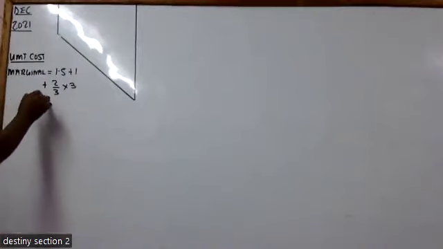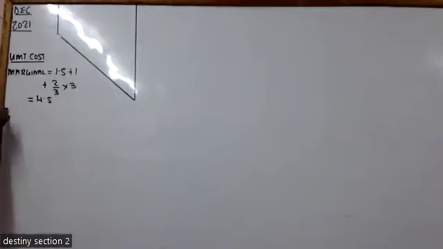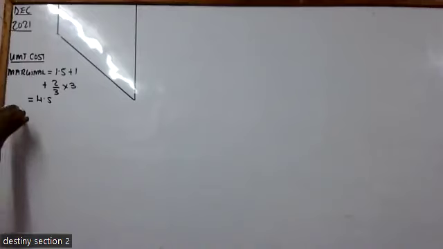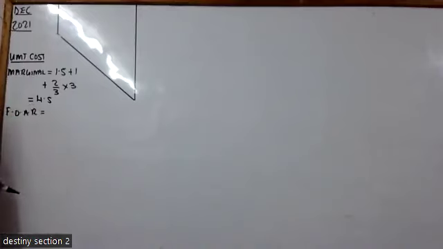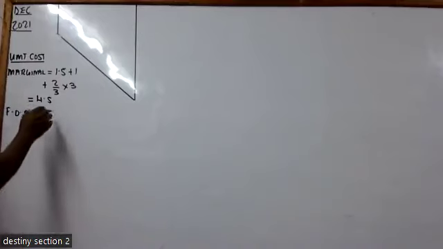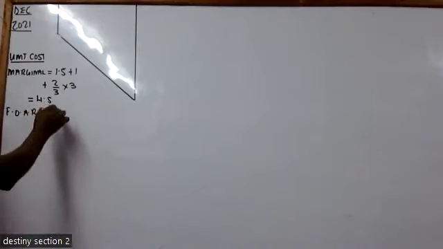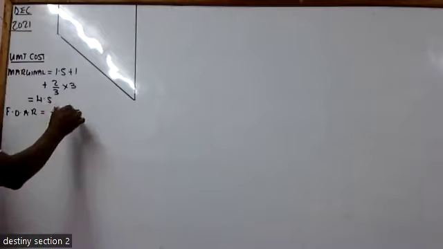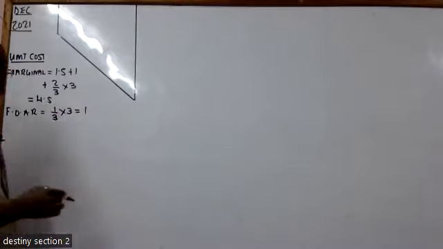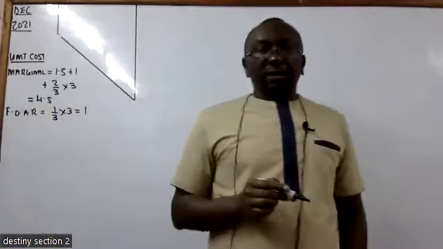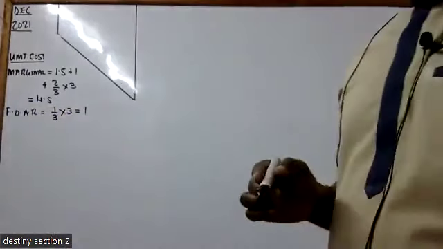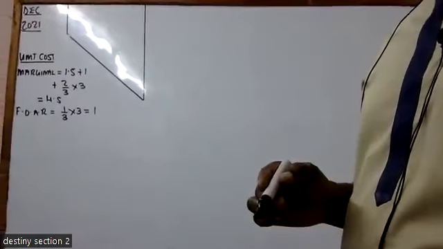So the variable cost is 4.5. Let's now get the fixed overhead absorption rate. The fixed overhead absorption rate is 1/3 of 3, so that would be 1.